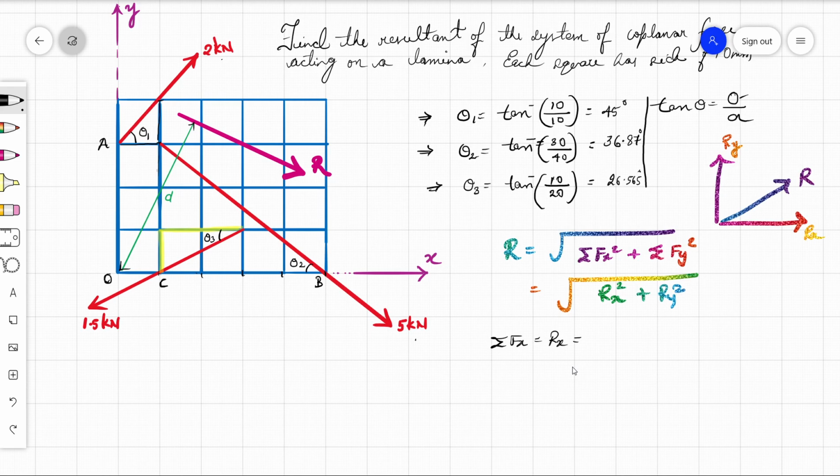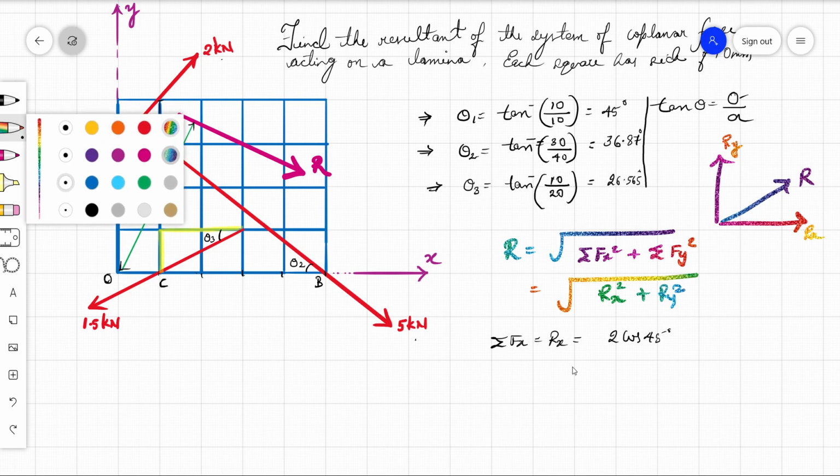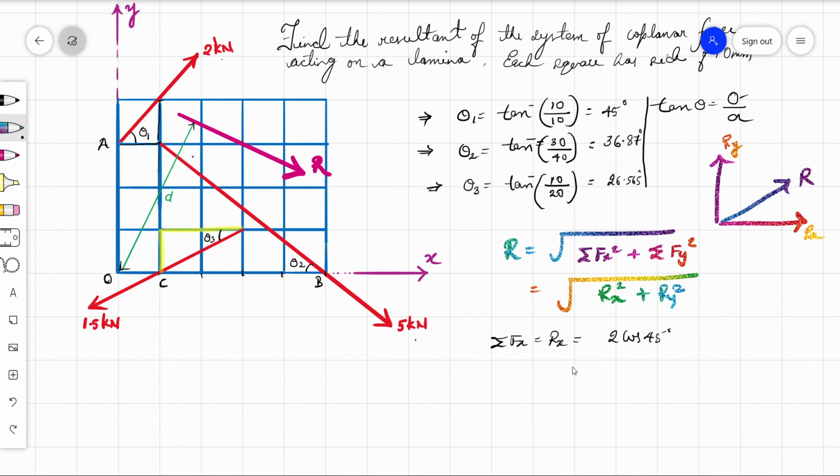So for the first force it will be 2 cos 45 degrees, that is the x component. So I'll change the color and we'll try to draw it. Okay, I hope this color is visible.